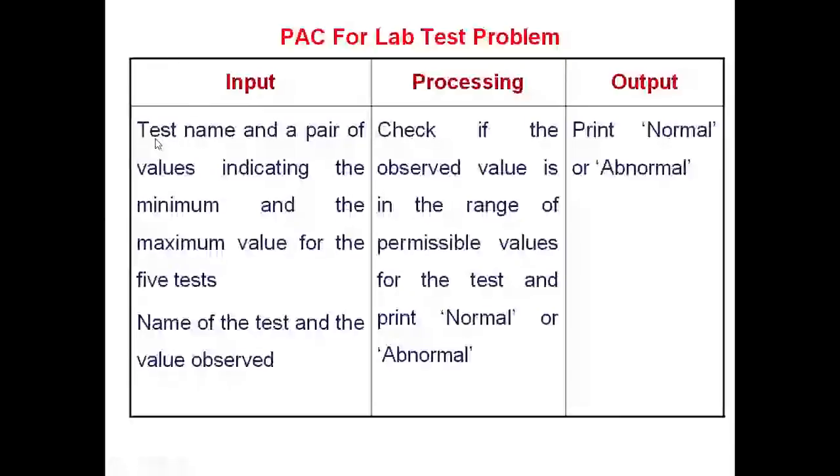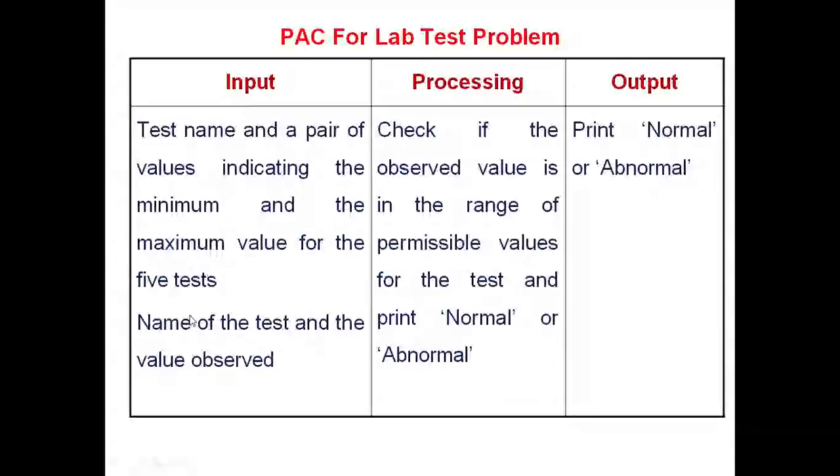Okay, so first of all you have to know what all the tests being conducted in the lab are and the pair of normal range of values. That is, what is the minimum value that should be there for that particular test and what is the maximum value, right? We have been given in the problem that totally there are only 5 tests conducted in the lab, right?